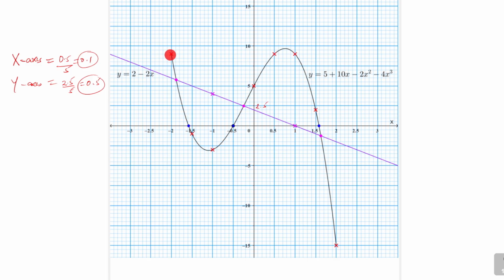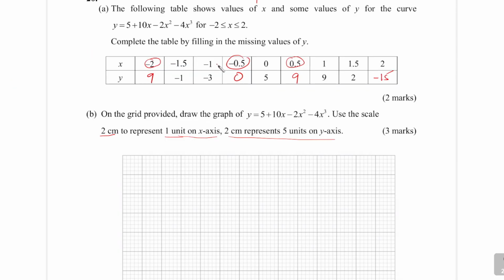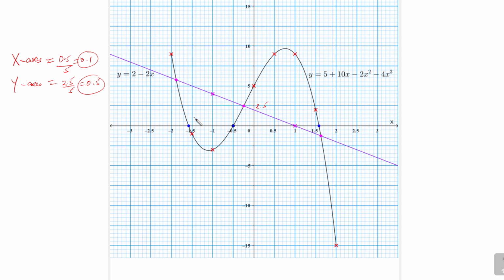Make sure you understand the size of one small square. On the y-axis, it is 0.5. Then we go to the other one, -1.5, -1. -1.5 is here, and -1, the point is there.